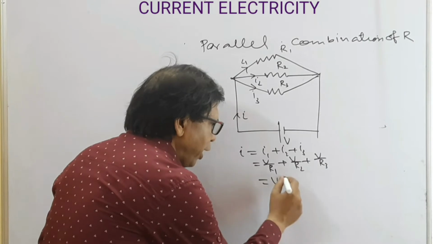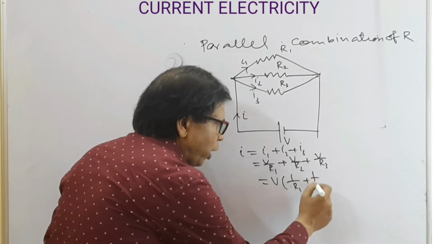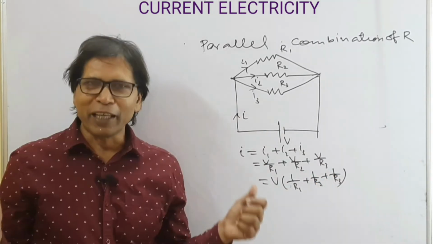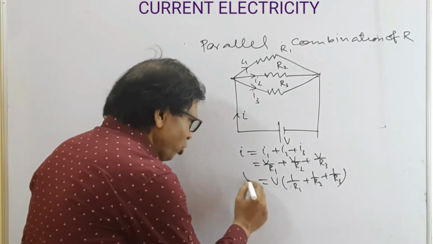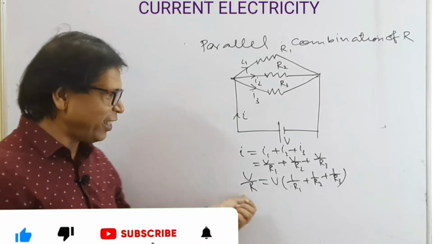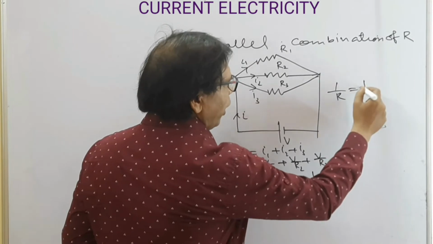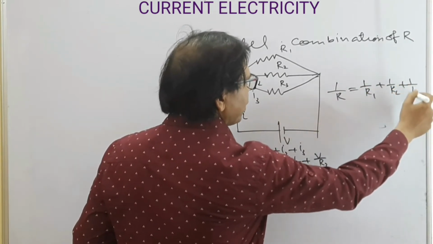So I equals V into 1 by R1 plus 1 by R2 plus 1 by R3. If capital R be the equivalent resistance, then I equals V by R. So 1 by R equals 1 by R1 plus 1 by R2 plus 1 by R3.